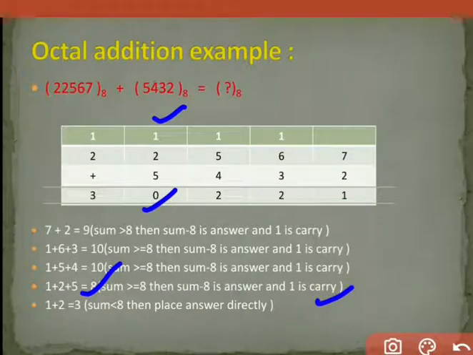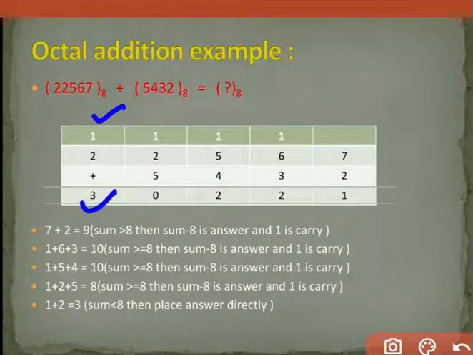Again we place carry to the left column. Then we add 1 plus 2. The answer is 3. We write 3 directly because it is less than 8. I think you are able to understand. Then I am moving further.